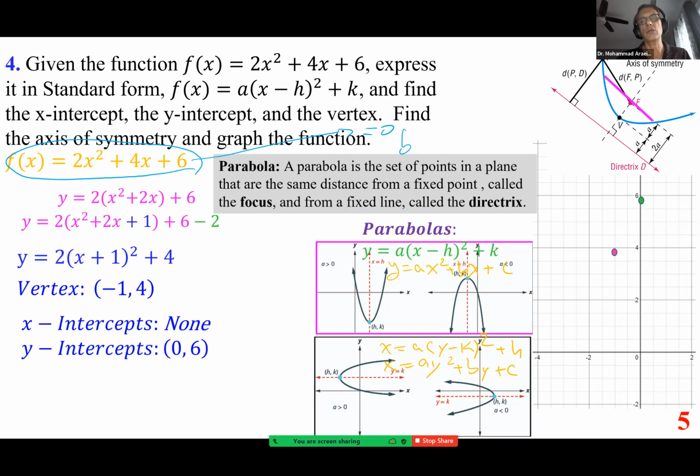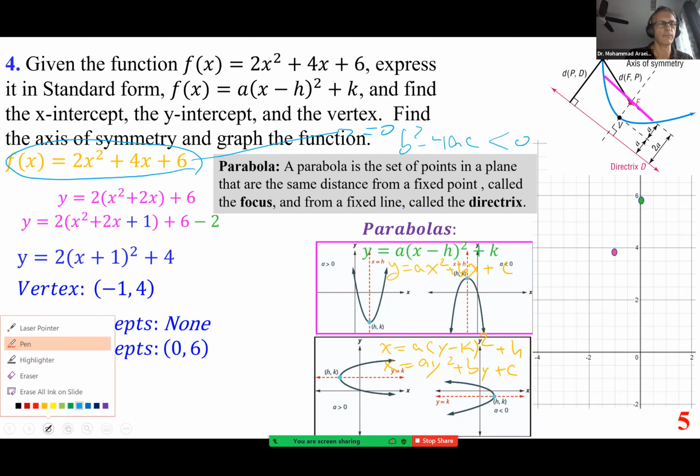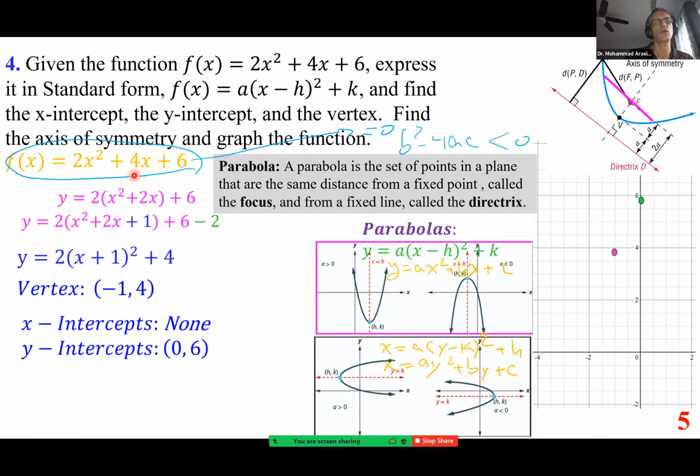And since b squared minus 4ac, and I leave it for you to prove that, is negative in this case, b is 4 squared minus 4 times 2 times 6. This is negative. There are no real solutions, and it's only real solutions that correspond to x-intercepts, no x-intercepts, therefore.